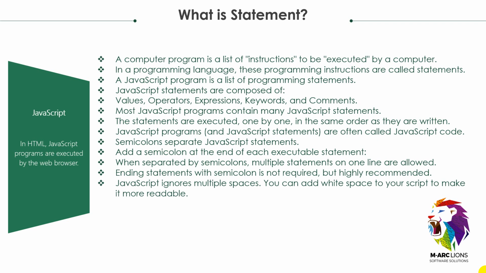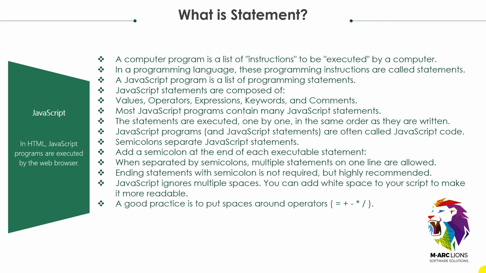JavaScript ignores multiple spaces. You can add white space to your script to make it more readable. You can create some space in your code so you can read it easily, because it is not going to be like English that you can easily read in your book. It can be really complicated if you see a long script with many complex functions, so it can be really hard to read. So it is recommended that you make some spaces in your code so that you can read it, but not in between the keywords.